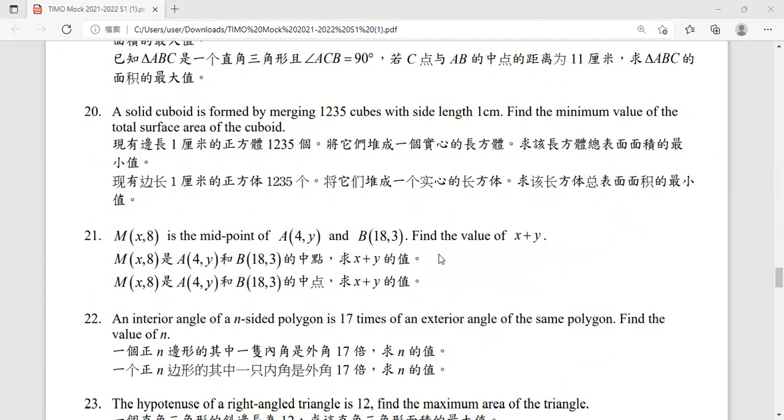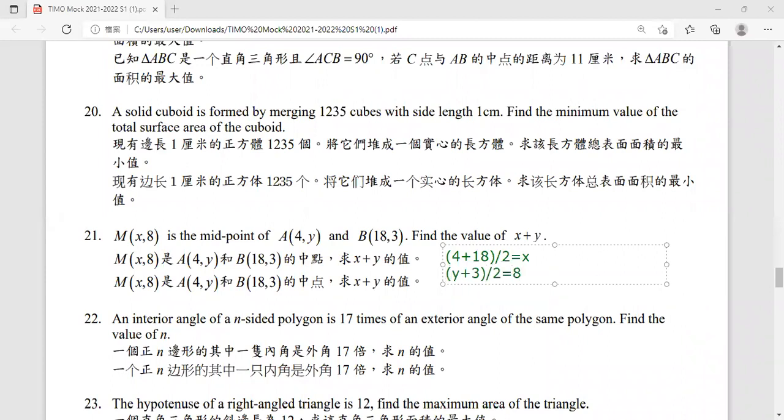Okay, next question. This one is by definition very simple. So I just call the answer. 4 plus 18 over 2 is 6. Okay, and then y plus 3 over 2 is 8.